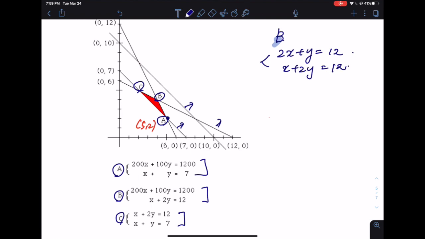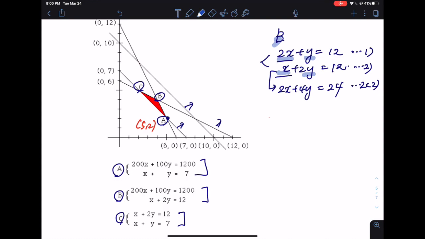So we are looking for B. Since the coefficients for x are not the same, if this is equation 1 and this is equation 2, to make 2x, I want to multiply equation 2 by 2. Then this equation is converted into 2x plus 4y equals 24.